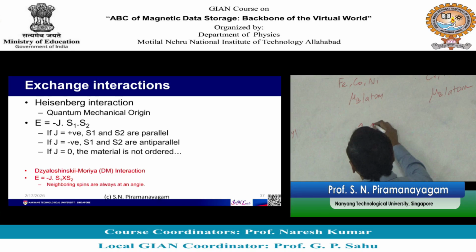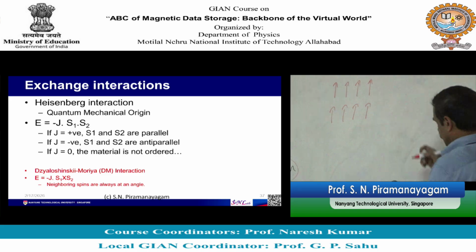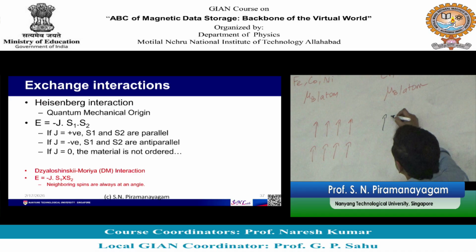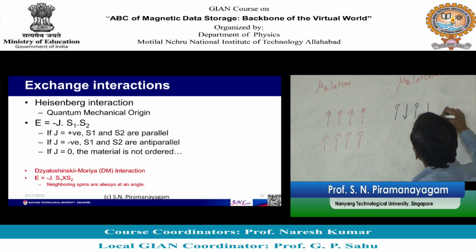Okay. So, there are a few possibilities. So, one possibility is that the neighboring atomic moments all point parallel to each other. Another possibility is that the neighboring magnetic moments are pointing anti-parallel to each other.